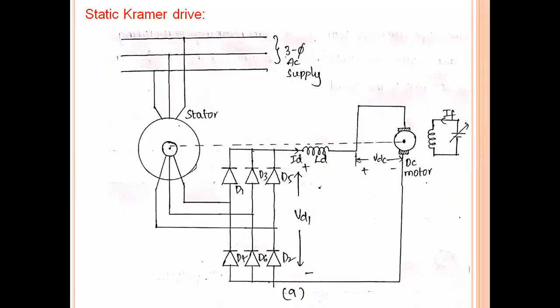And the relationship between VD1 and speed can be altered for the thyristor bridge rectifier by varying the firing angles of the thyristor. So that relation VD1, which means the output, can be controlled by changing the firing angles if we use a thyristor bridge rectifier. Generally, this thyristor bridge rectifier is used for a large speed range.